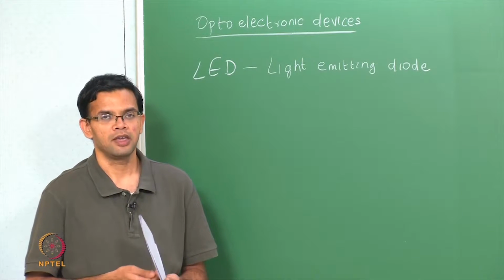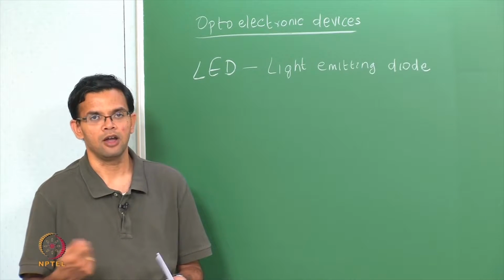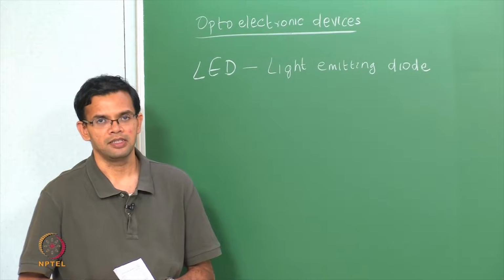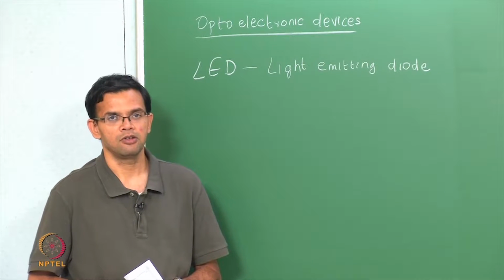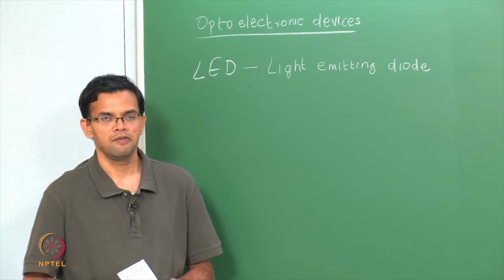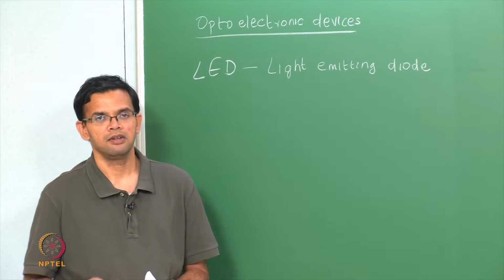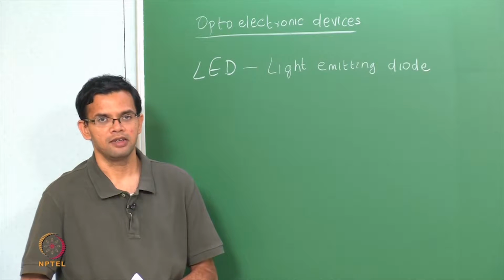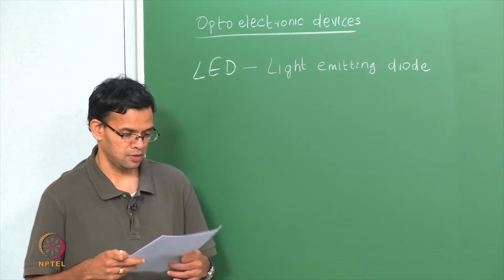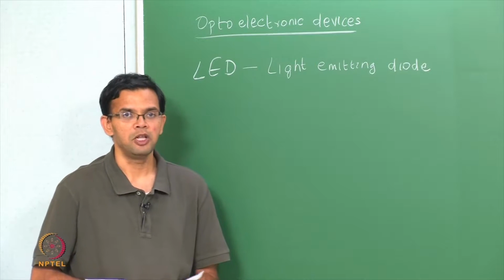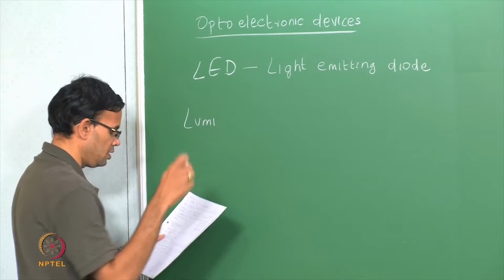You also have a case where you shine light onto a material and get an output in the form of an electric current. So, LEDs and lasers belong to the category of devices where by injecting carriers you produce light. Later we will look at a photo detector and a solar cell where the reverse process happens. So, LEDs belong to the general category of luminescent devices.